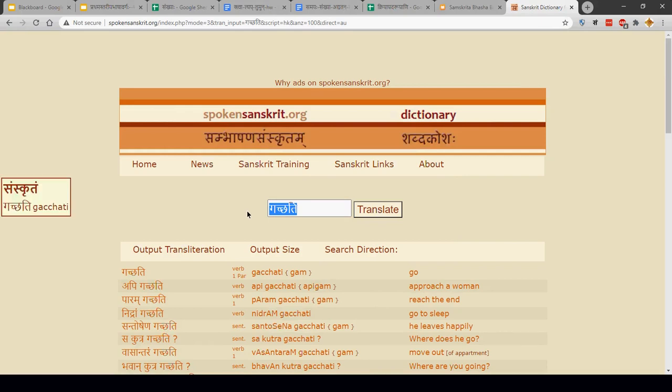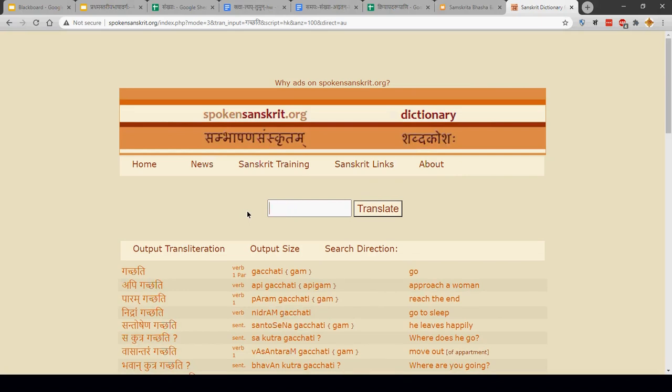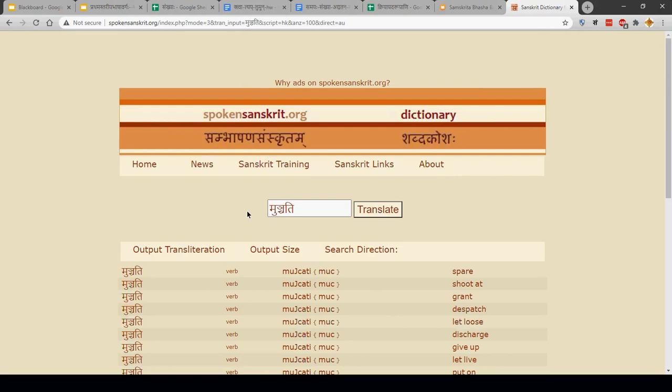If you say munchati, in the bracket you see much. So you go to much in the book there and find out. It shows muktva.